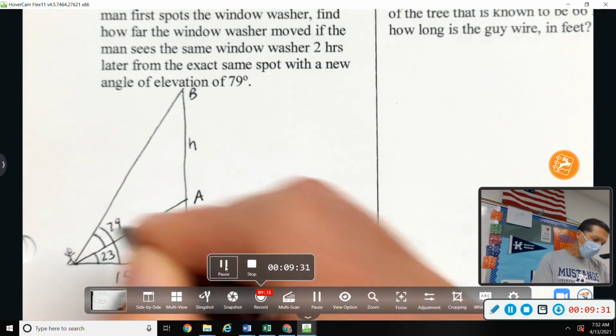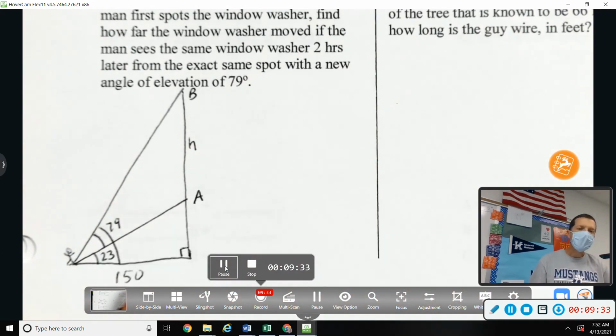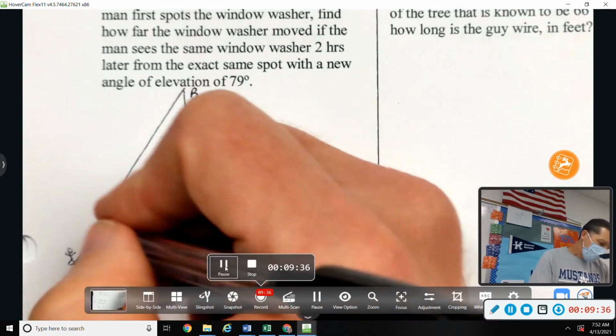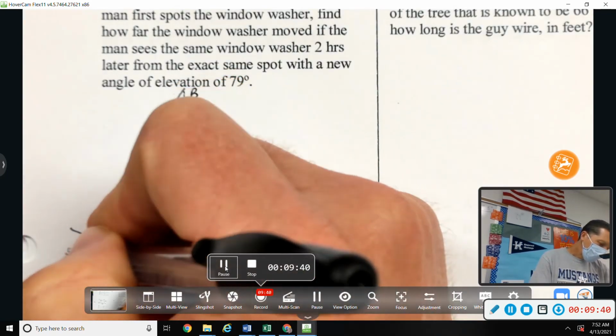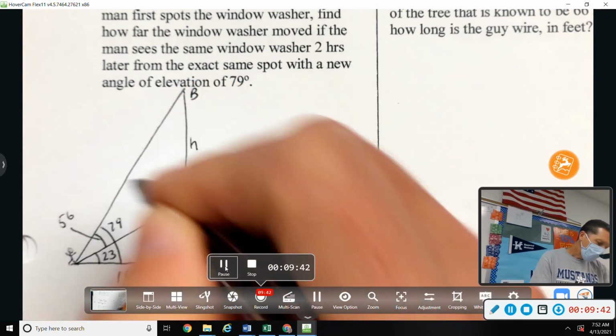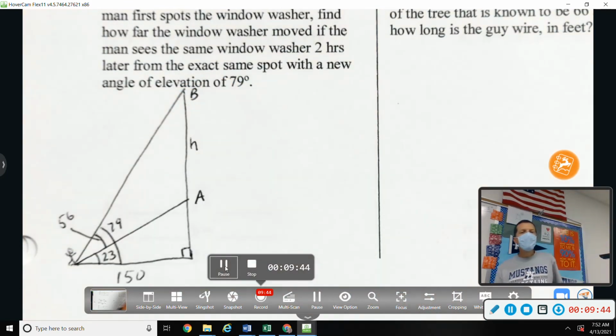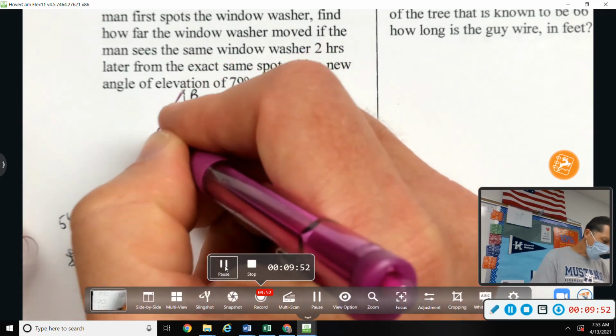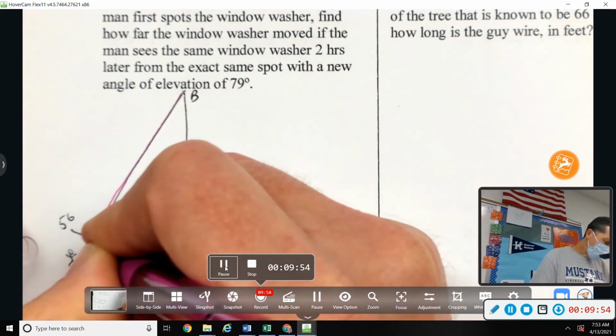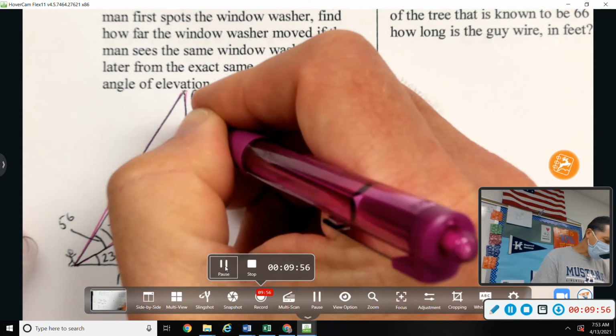Let's work it as a law of sines problem, I think. So 79 minus 23, that angle would be 56. I guess the problem is if I want to use this triangle, I don't have any side lengths in that triangle.